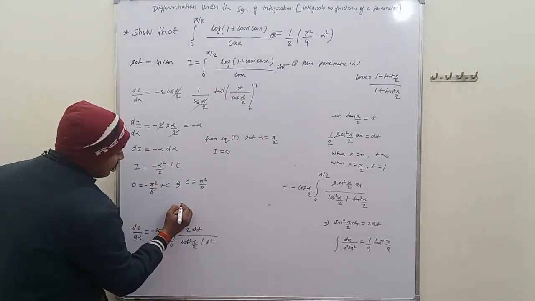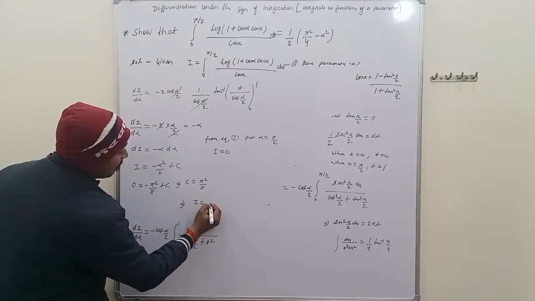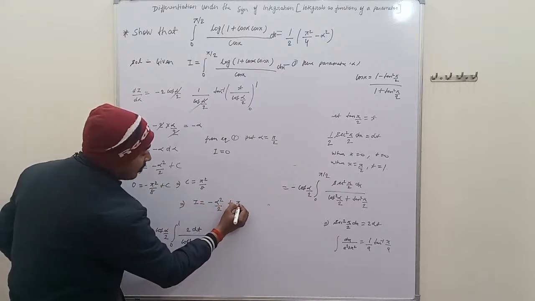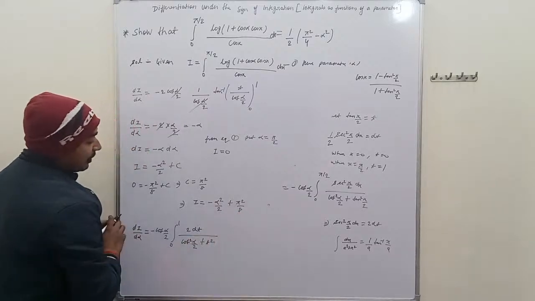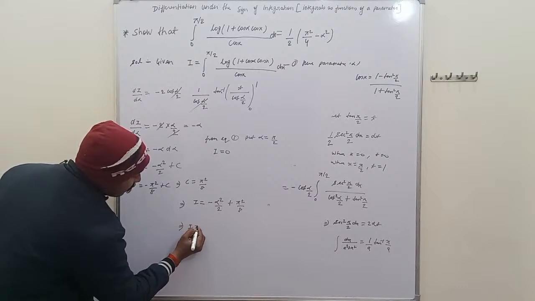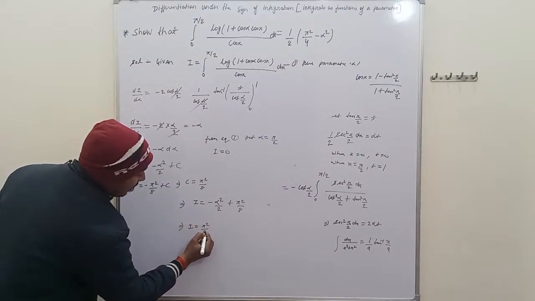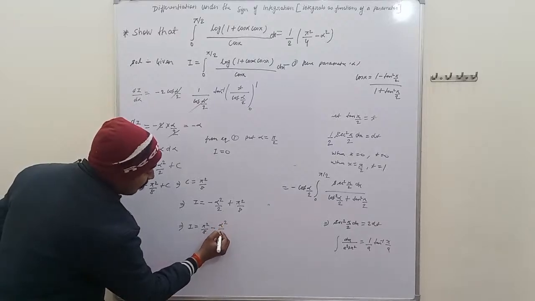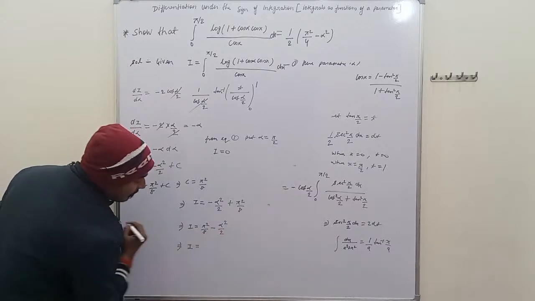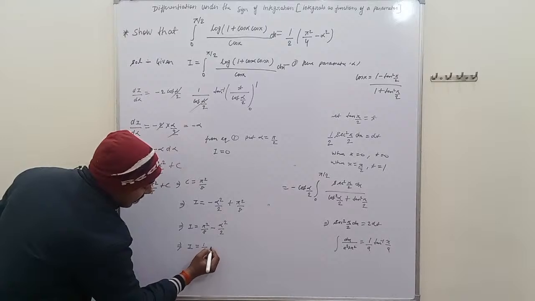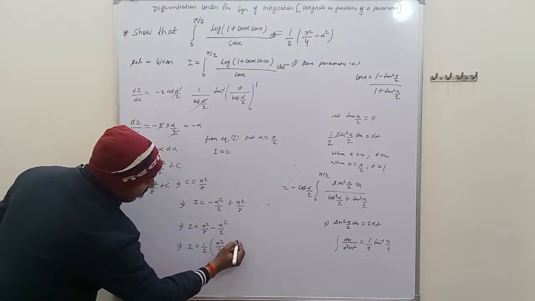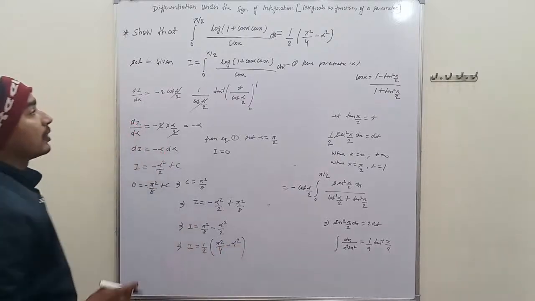We get the required solution, I is equal to minus alpha square upon 2 plus pi square upon 8, and we can also write I is equal to pi square upon 8 minus alpha square upon 2. Taking 1 by 2 common, we get pi square upon 4 minus alpha square. This is the required solution of the right hand side.